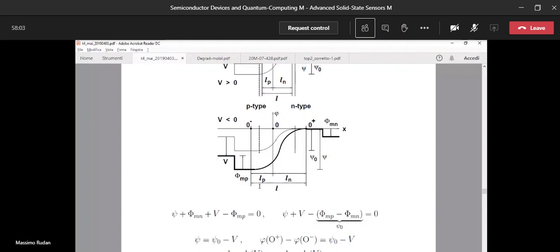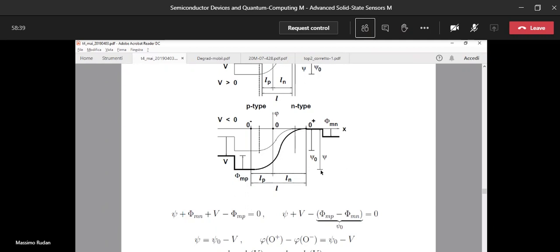So this increase in the extension of the space charge region in reverse bias is significant, okay? It is not a minor thing, okay? On the other side, nothing changes, so you see immediately that in this case, the total drop psi over the space charge region is larger than psi 0, okay?